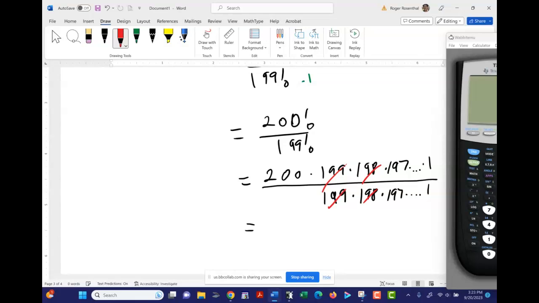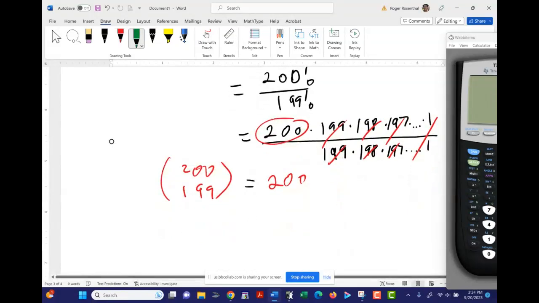Everything cancels here, and you're left with the 200, so the answer is 200. What was the original question? It was 200 choose 199. Notice the answer to that is the number that's on the top.